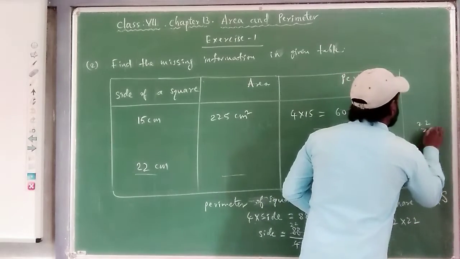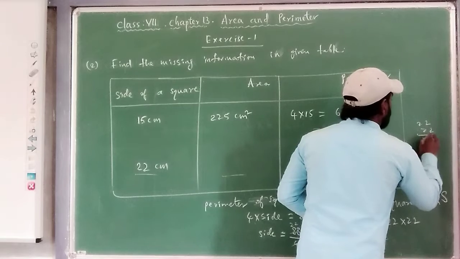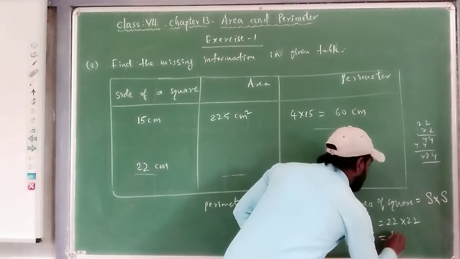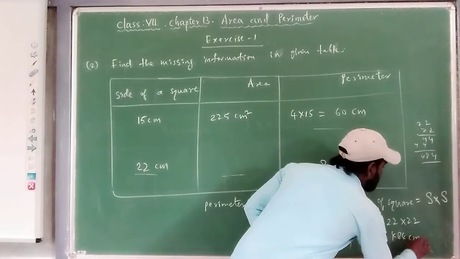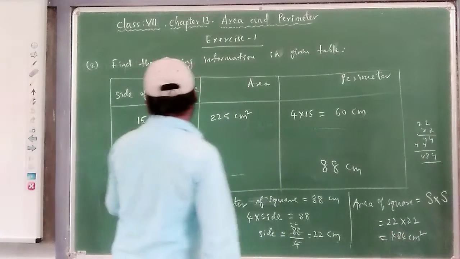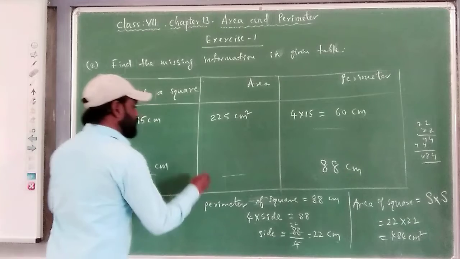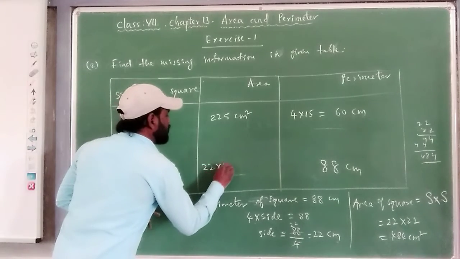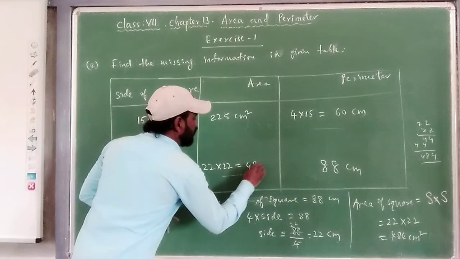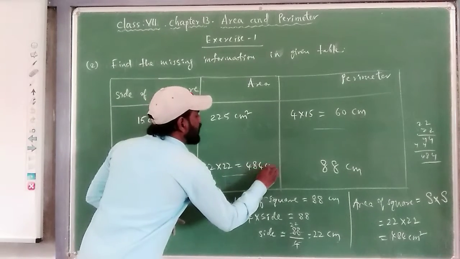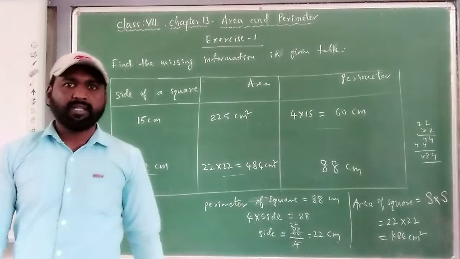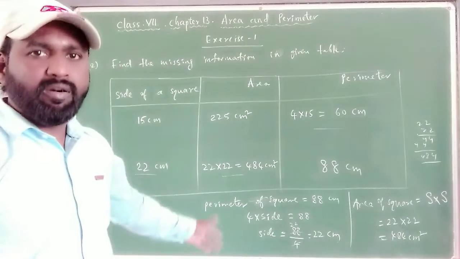Multiplying, 2 2s are 4, 2 2s are 4, again 4, 4, so 4 8 4. That is 484 centimeters square. So area of the square formula is side into side, side is 22, 22 into 22 is 484 centimeters square. So this box is completed. The missing information we have got.